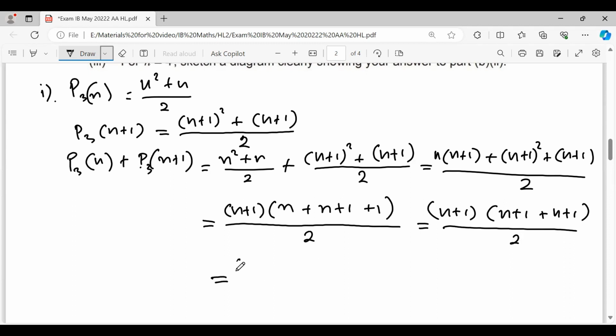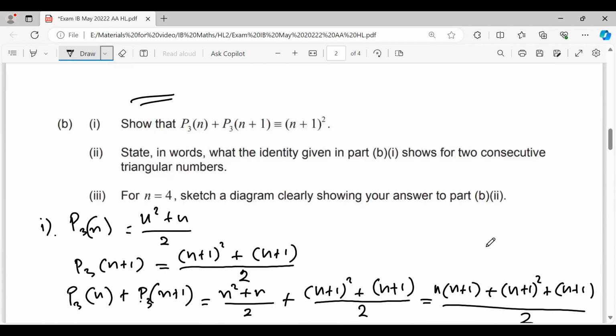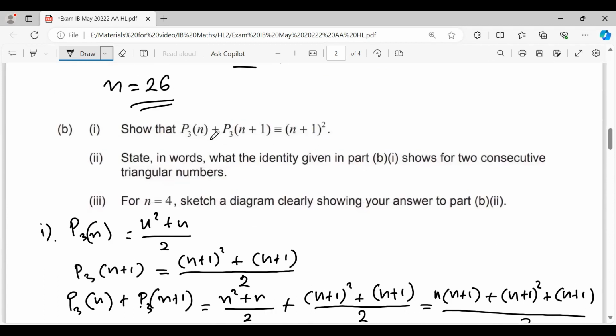So (n plus 1) times 2(n plus 1) over 2 equals (n plus 1) squared. Proved that this term is equivalent to this term.